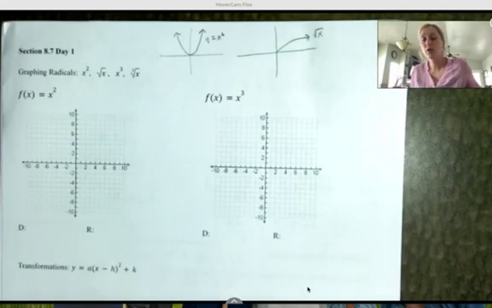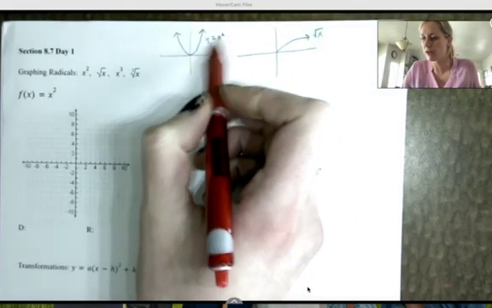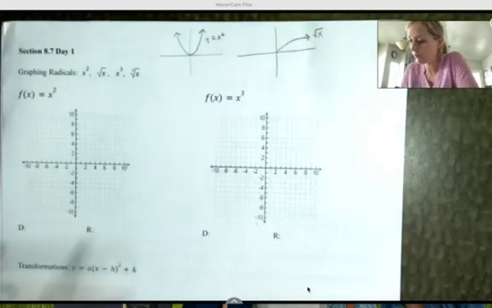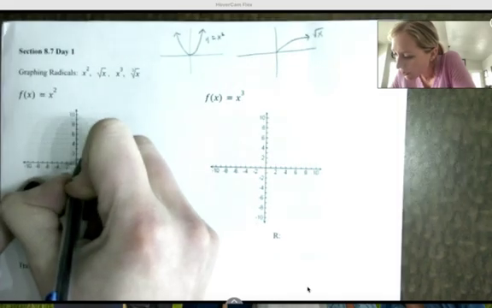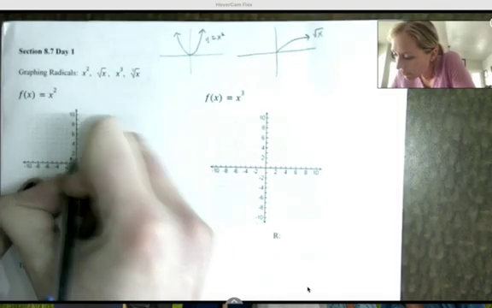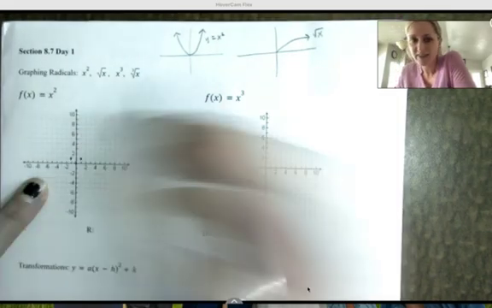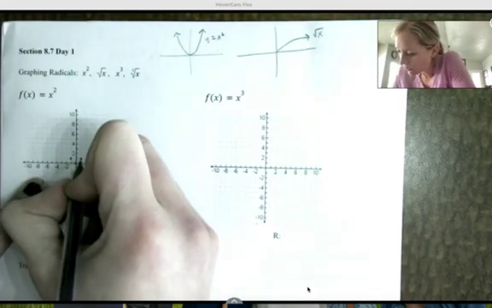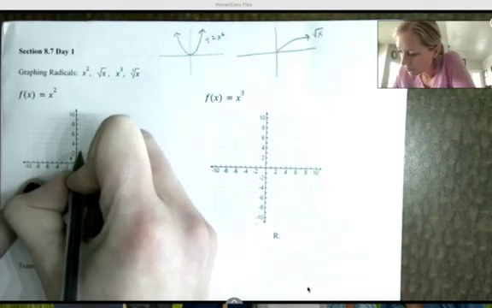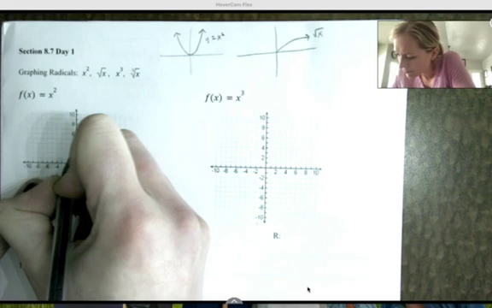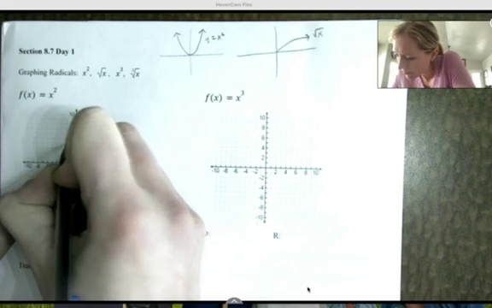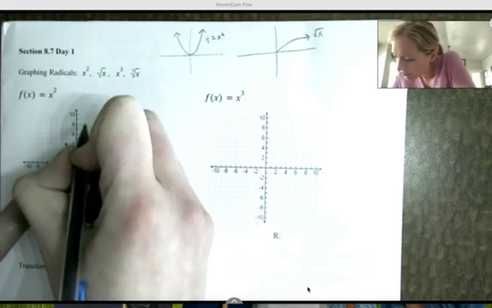Okay, you can always plug in values for x as well. So if I plug in 1 for x here, I'm going to get 1, right? So 1, 1. If I plug in -1, I get that. And remember the quadratic has the pattern 1, 3, 5. So up 1 over 1, then up 3 over 1, and then up 5 over 1.